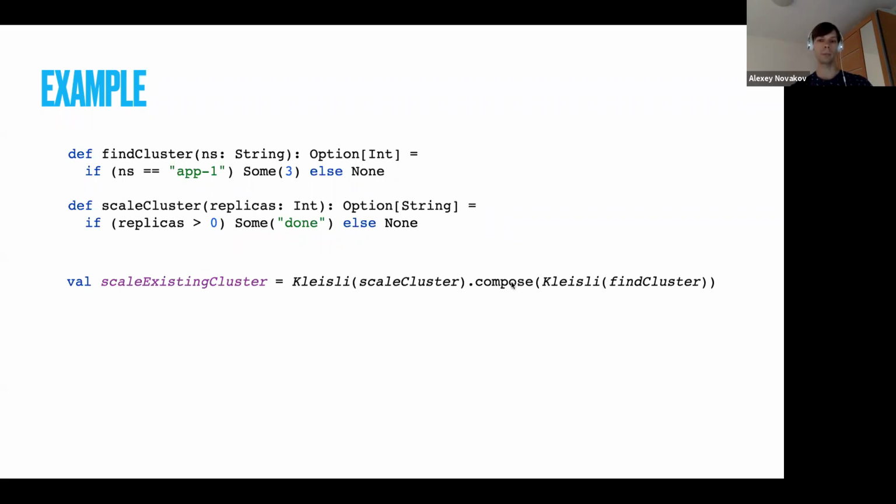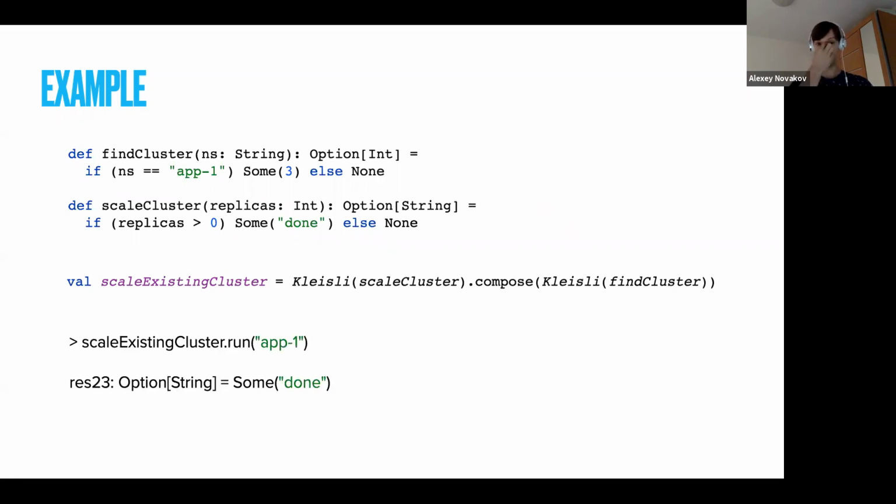So we can use the compose method on the Kleisli, where we create a Kleisli out of the second function and compose it with a Kleisli of the first function. That is how you get to this idea where the first, find cluster, will be called, because of how the compose logic works. Basically, we run this function first, and then the result will be given to this function.